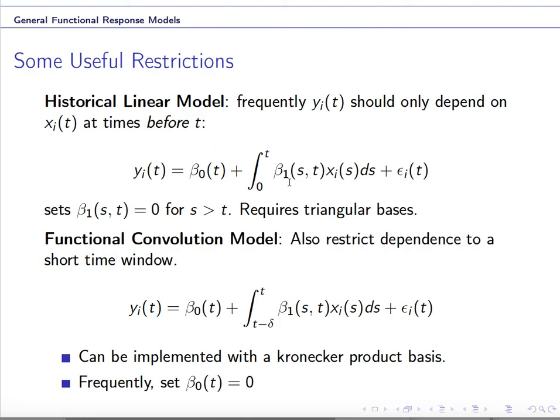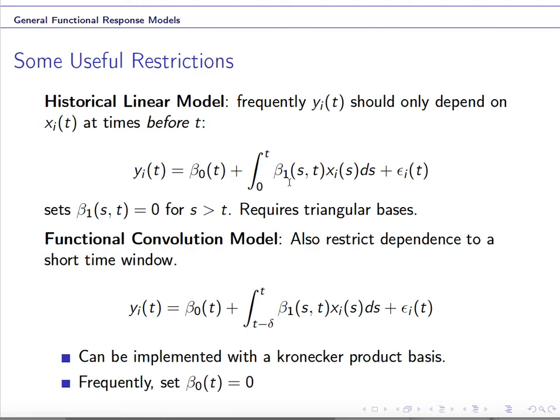This curve corresponds to s equal to t minus delta, so it should be parallel to the diagonal. So this is delta, this is delta. Then beta(s,t) will only be nonzero in this range. In that case, you will have more restrictions, and when you do the estimation, you have to be more careful when estimating beta_1(s,t).